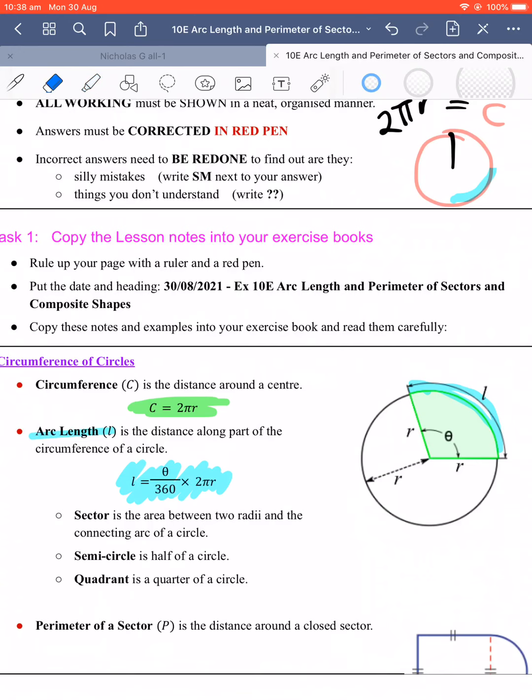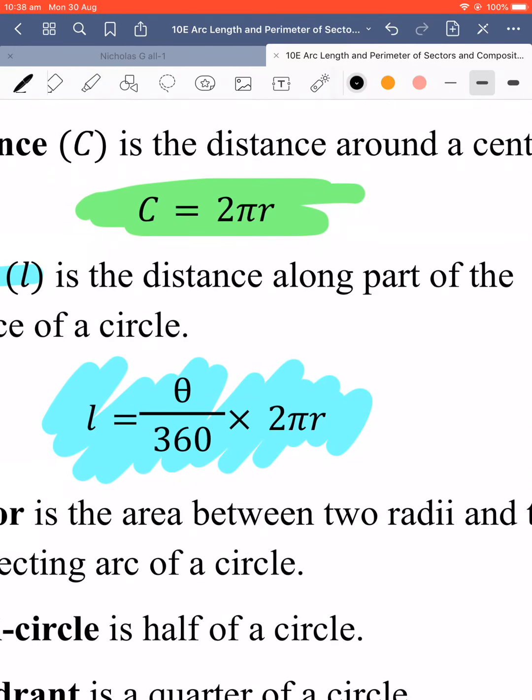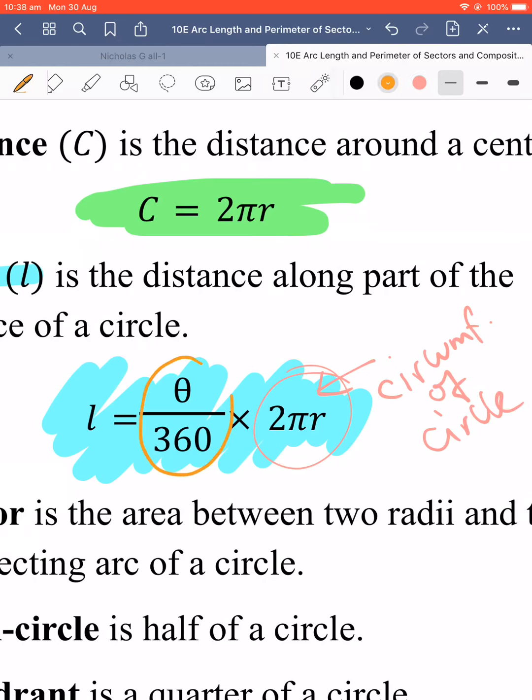Think of it this way. If I have my formula here, this part is telling me that it is the circumference of a circle. We know that already. But this second part here is really important because this shows me that I have a part of the circumference of a circle.